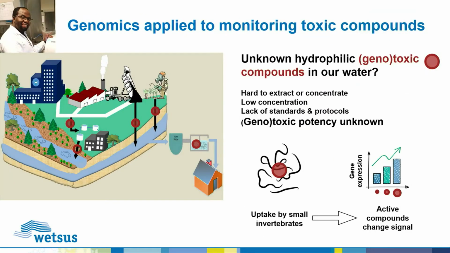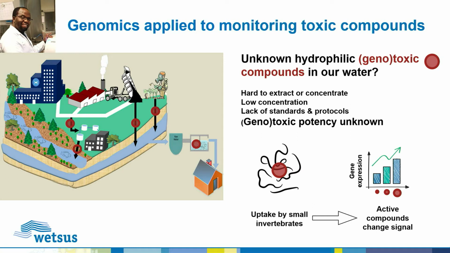So another example that I'd like to give is how genomics is applied to find bioindicators for toxic compounds in water. So the problem with toxic compounds, and this is the work of Antoine Carangera on the top left, the problem with these toxic compounds is that they are very low in concentration in our waters.